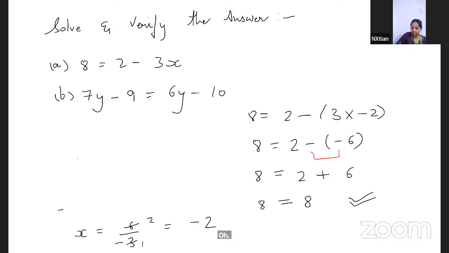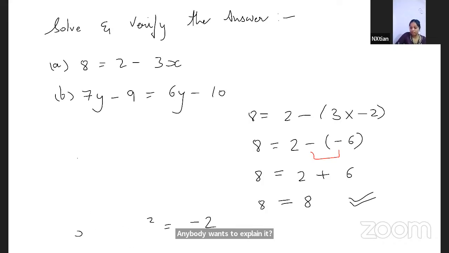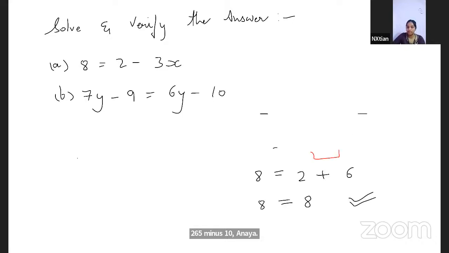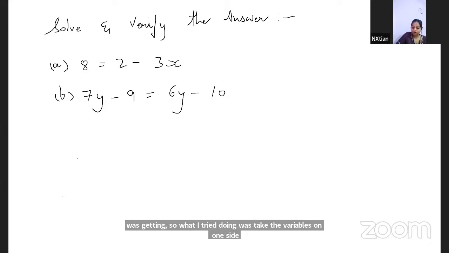Anybody wants to explain it? 7y minus 9 equals 6y minus 10. Anaya? Sure. What are you getting? I tried taking the variables on one side and the coefficients on the other side.